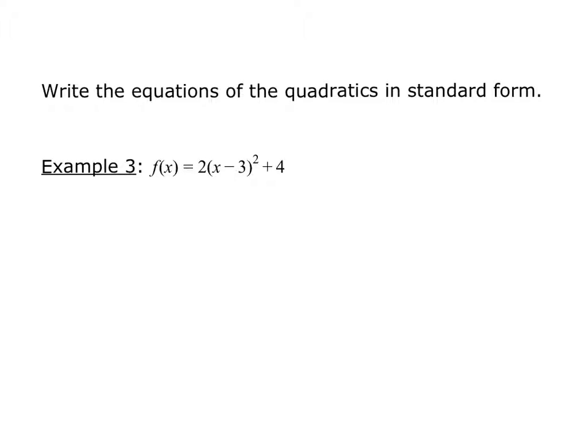Remember, standard form of a quadratic is y equals ax squared plus bx plus c. So in example 3, I give you a quadratic in vertex form, and we're going to write it in standard form.